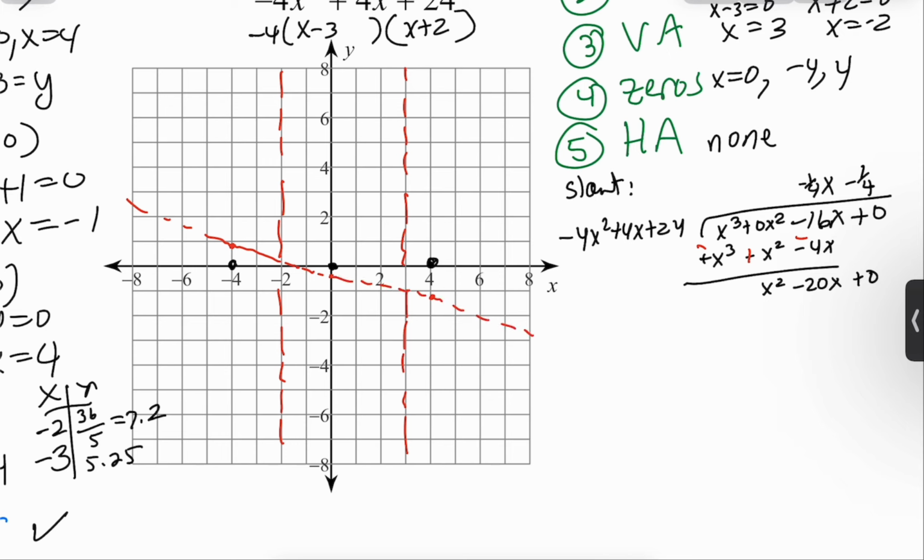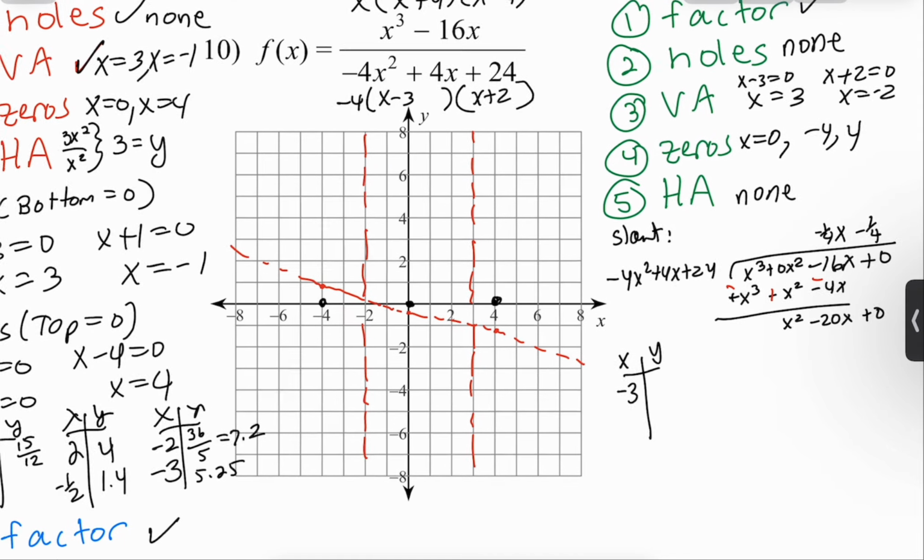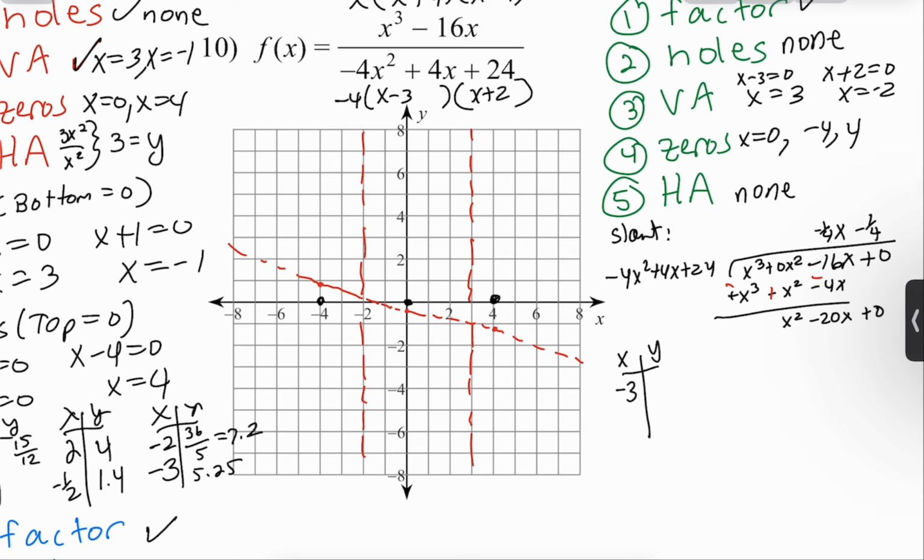Okay. So we're definitely going to need a few points here. First, let's look at this region. Let's plug in negative 3. If you plug in negative 3, you get 21 on top. I kind of do top and bottom separate.